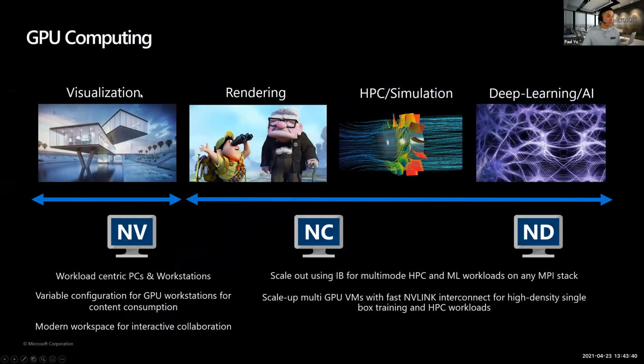When we talk about the GPU-based compute, you'll see that now we're diving into not only just the one-letter series, but now we're diving into a two-letter series. So NV, V is more for visualization. So if you need to perform any visualization activities, just go with the NV SKUs. If you need anything for deep learning or anything like that, you can go with the ND SKU, okay?